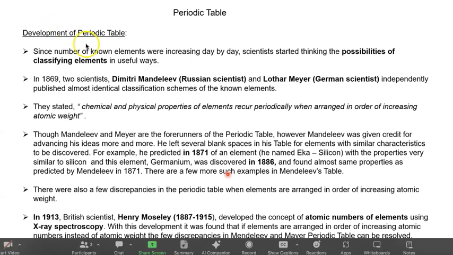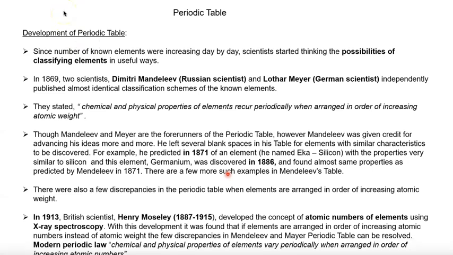And when one rephrases this, that the chemical and physical properties of elements vary periodically in order of increasing atomic numbers, then all the discrepancies of Mendeleev and Meyer tables were solved.